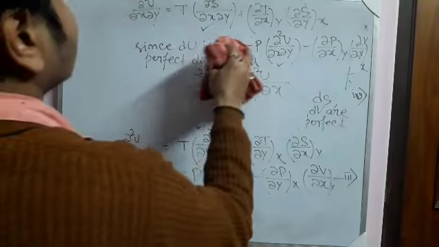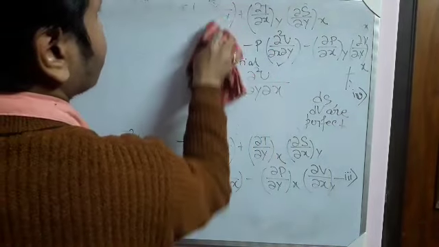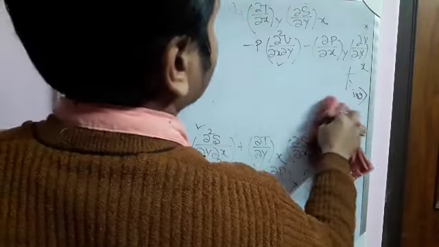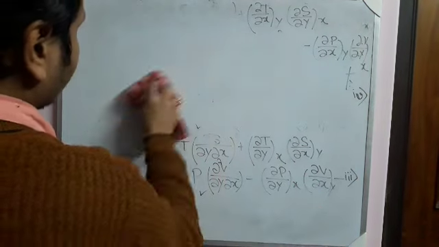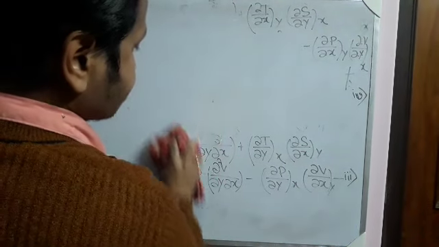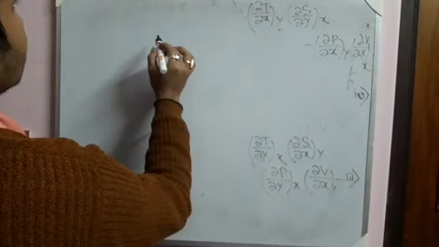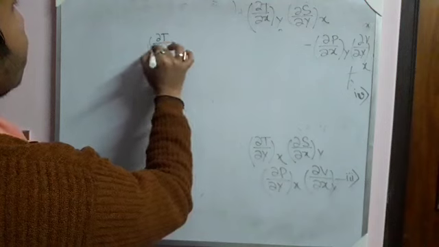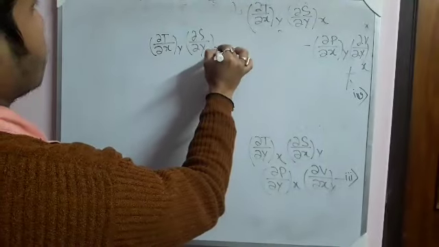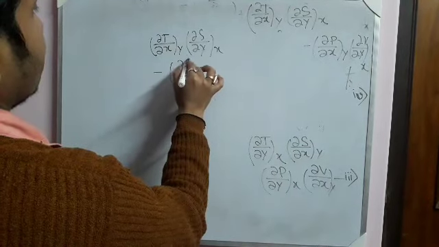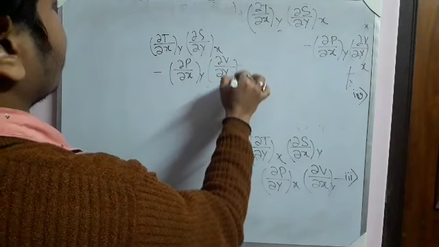So if we write these two terms, ultimately we get del s del y x minus del p del x y del v del y x.